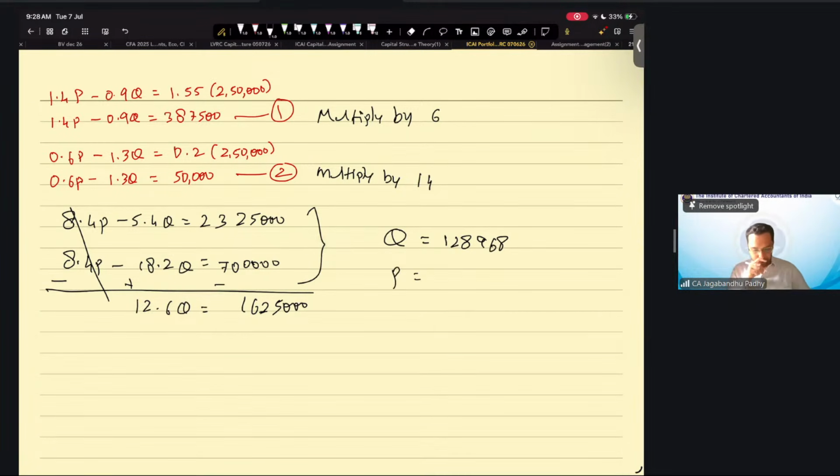Then we can get the value of P also. It is 18.2 plus 5.4.